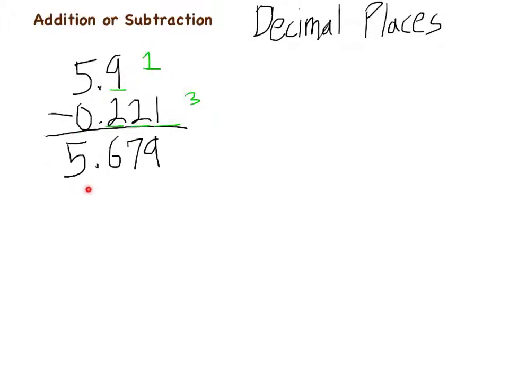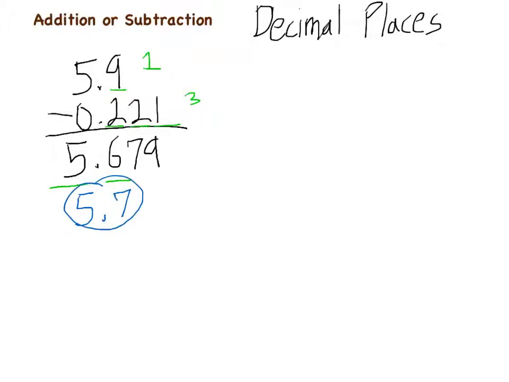So the answer will only have 1 decimal place. We're going to keep all the whole numbers and then 1 decimal place. So the correct answer is going to be 5 point. Now that's 6. We have to round that based on the next number, which is 7. So we round it up. So the answer is going to be 5.7.